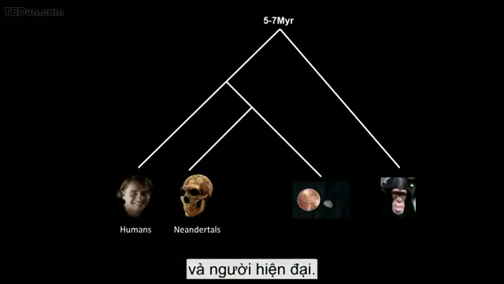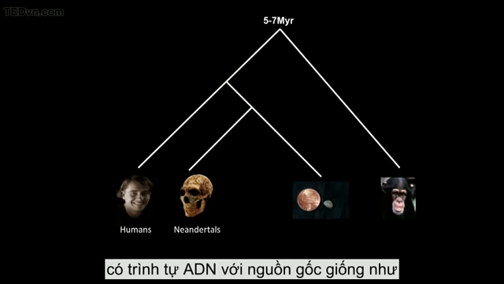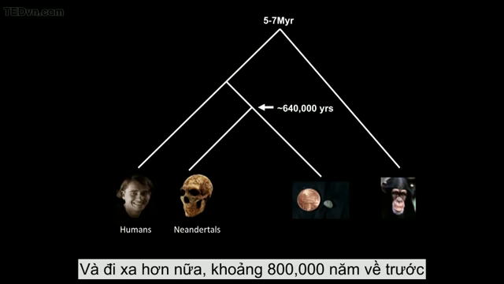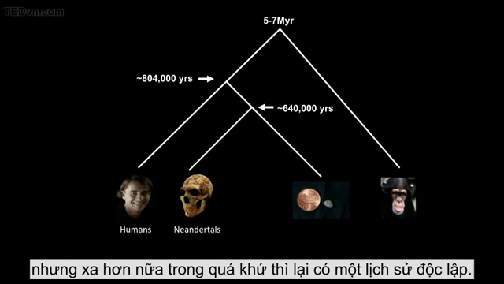And we found that this individual shared a common origin for his DNA sequences with Neanderthals around 640,000 years ago. And further back, 800,000 years ago, is there a common origin with present-day humans. So this individual comes from a population that shares an origin with Neanderthals, but far back, and then have a long independent history.